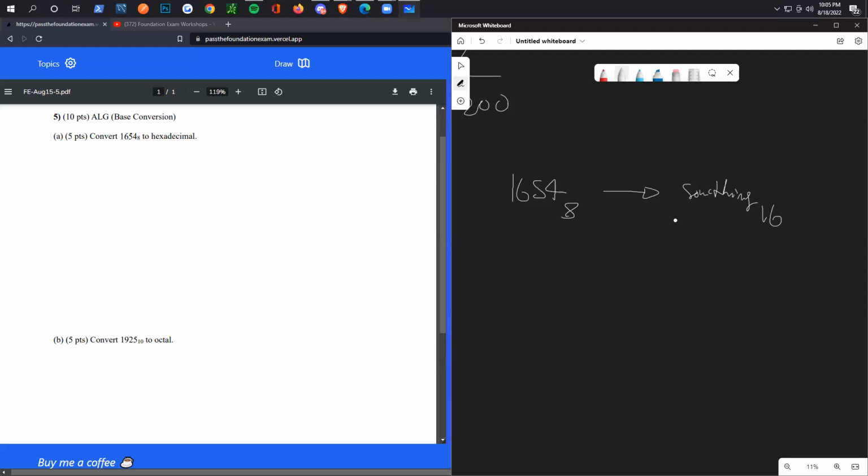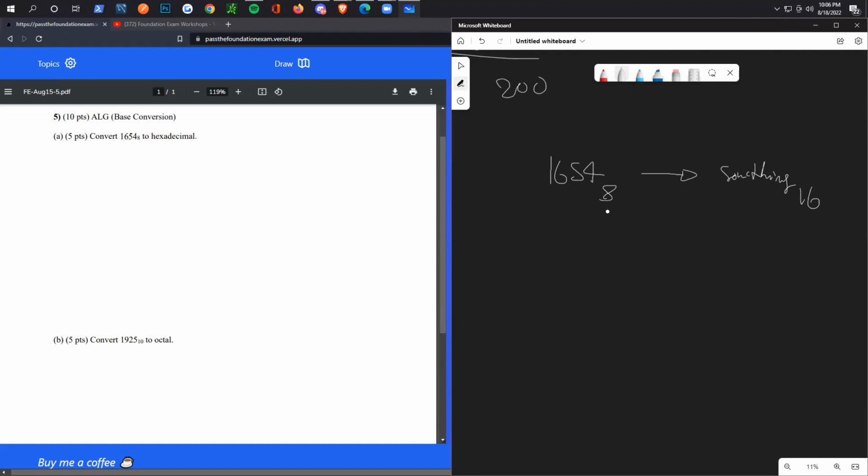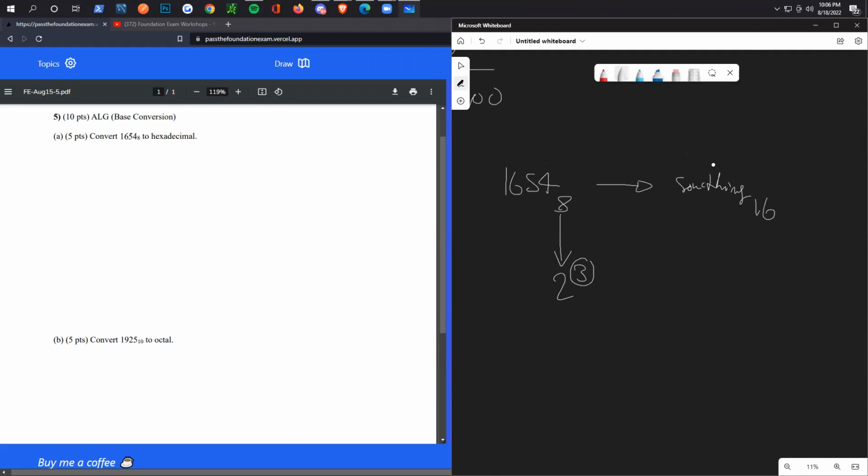Hexadecimal is 16, so just remember that. The easy way to do this, when you're in base 8, is to think of 8 as 2 to the 3. And what we care about is the 3, right? And they want us to end up going to base 16, so hexadecimal.